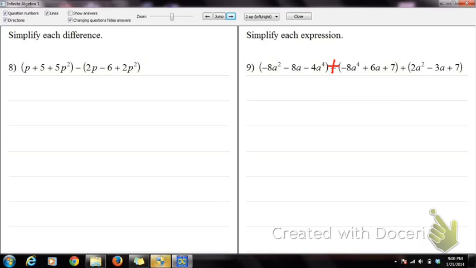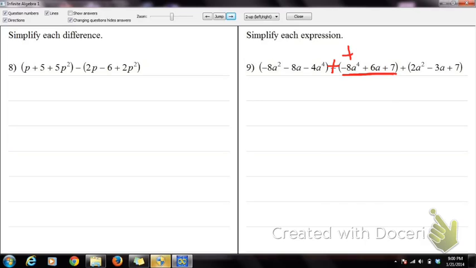Now, this subtraction sign was only going towards the second polynomial out of the 3. Since we changed the sign before the second polynomial, we only need to change what follows in the second polynomial. Hence, this last polynomial will not change, but the signs on the second one will all change.